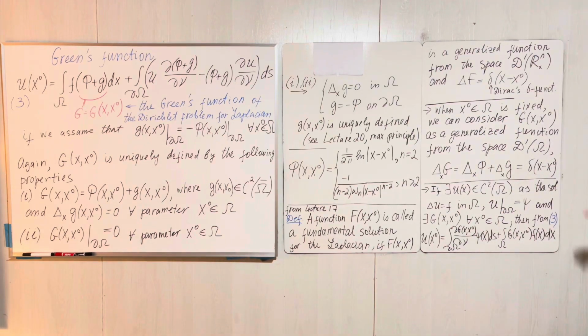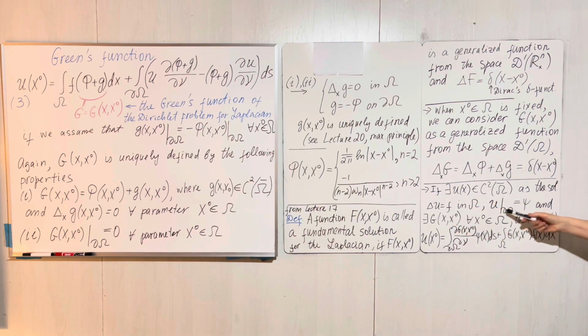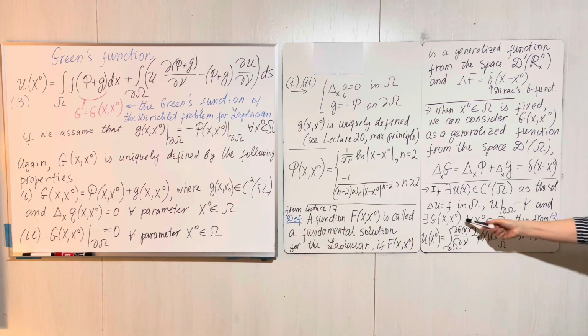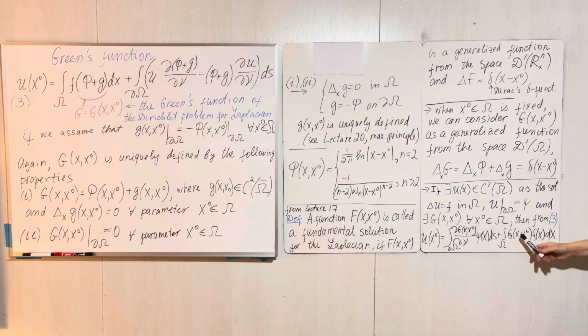And now, from all these considerations, what we can conclude is, if we go back to the beginning and consider this Dirichlet problem for the Poisson equation, and if there exists u of x, a C2 function in the closure of omega, and if there exists a Green's function for the domain omega for any parameter x naught, then from formula 3 we can write that we will have the integral over omega of G f, and the integral over the boundary.